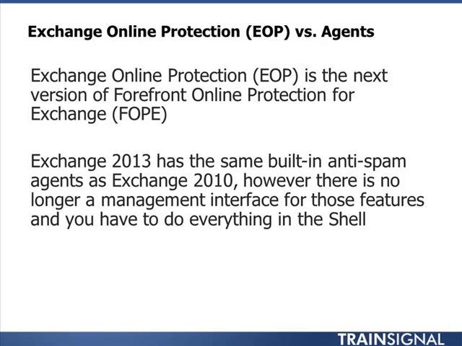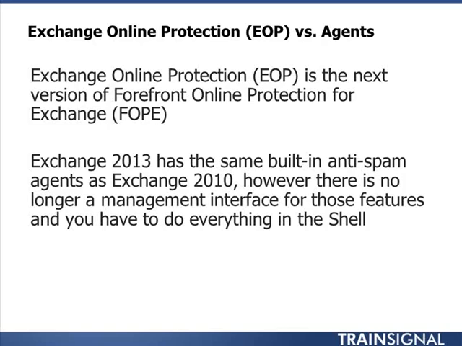So you'll note that these are missing from the list of capabilities with Exchange 2013 because that agent is not moved over to 2013. So perhaps instead of saying that we have the same built-in anti-spam agents, I should say we have most of the anti-spam agents moved over from Exchange 2010.